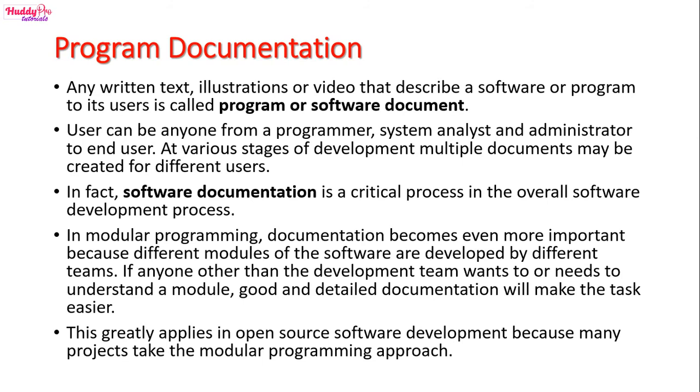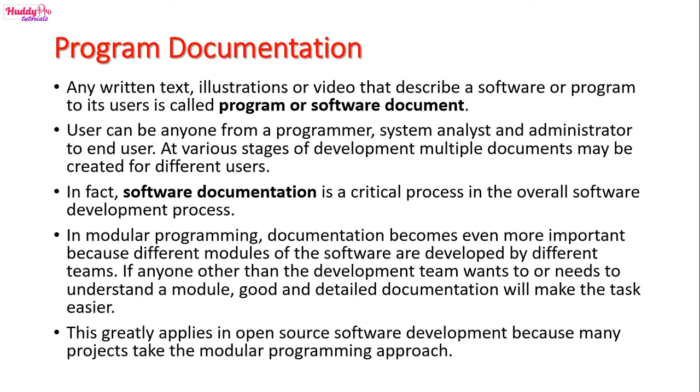So software documentation, or a software document or a program document, is simply any written text. It can be illustrations or video, or a combination of all these, that describe a software or a program to its users. So there are different types of documentation, but their aim is to describe that software or program to the users.